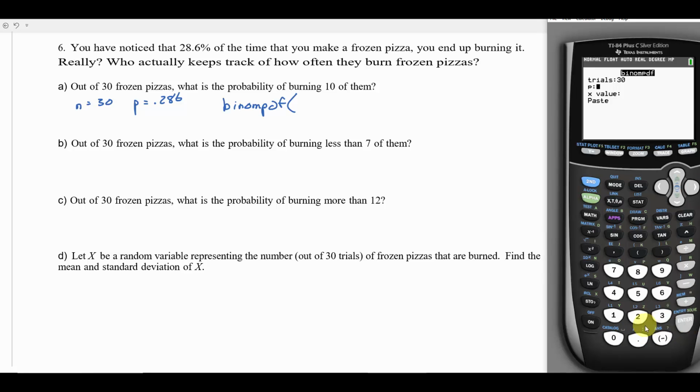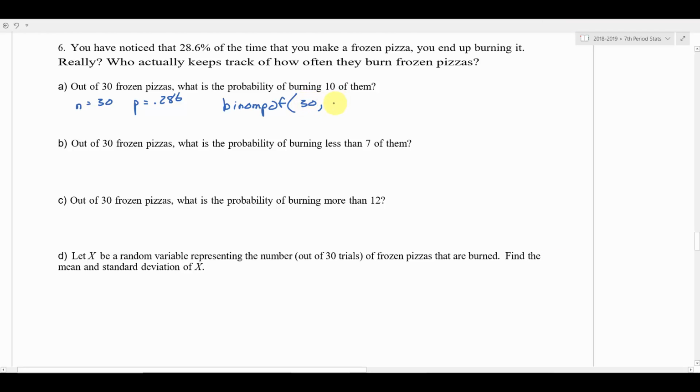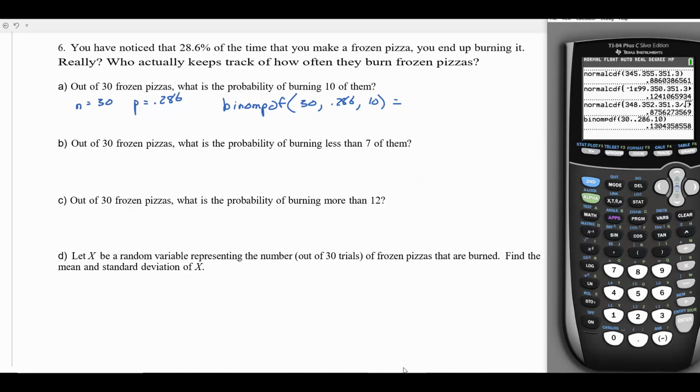The probability of success was 0.286. And the value that we're interested in finding the probability of is 10. And we get a probability of 0.130. Okay. So we go to write down the calculator command, number of trials, probability of success, and the number that you're finding the probability of. And we got 0.130.